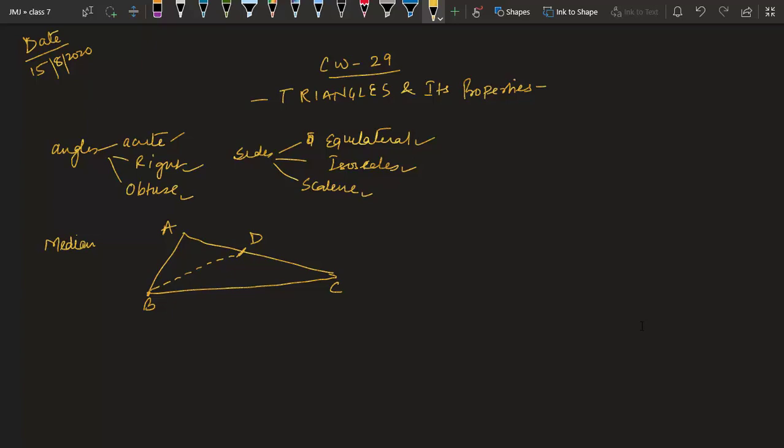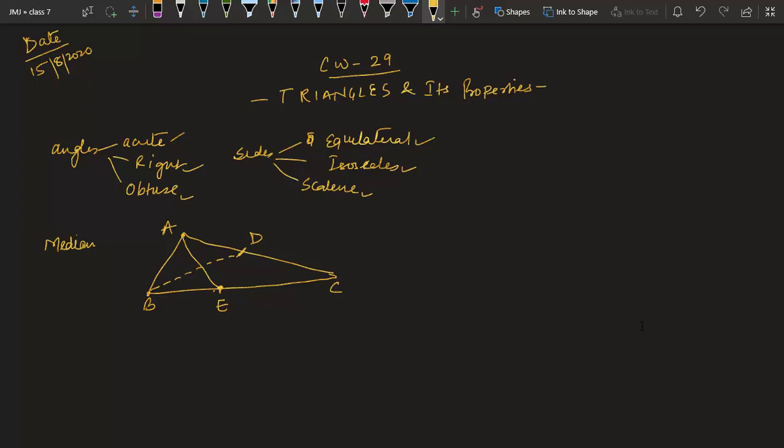Similarly, if I want to find second median, I can find midpoint of BC. Suppose it is somewhere here, it is point E, then I will say the line joining the vertex to the midpoint of opposite side is known as median.